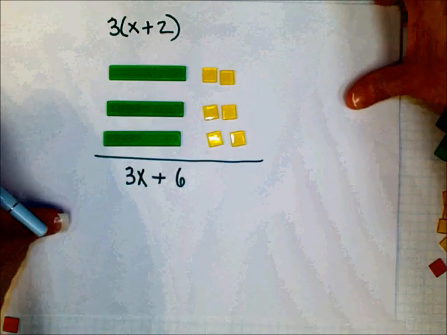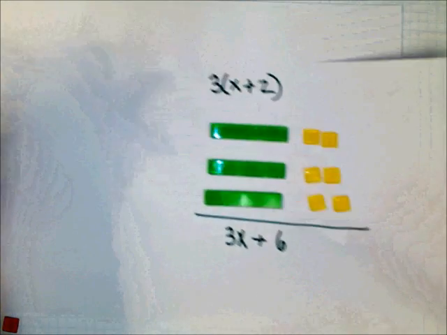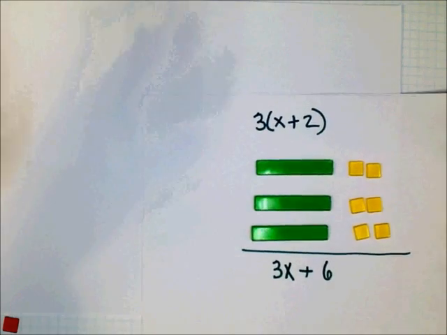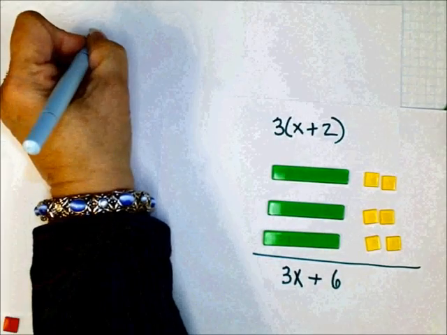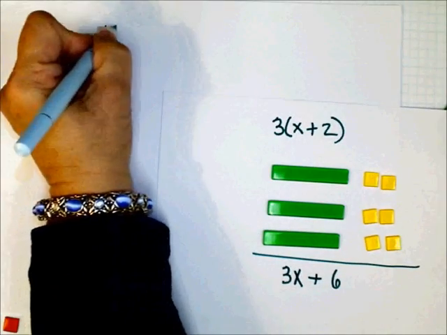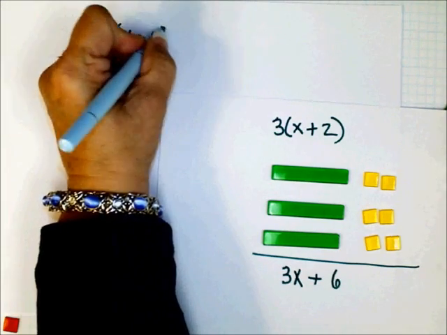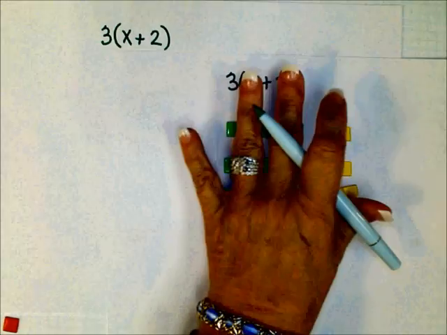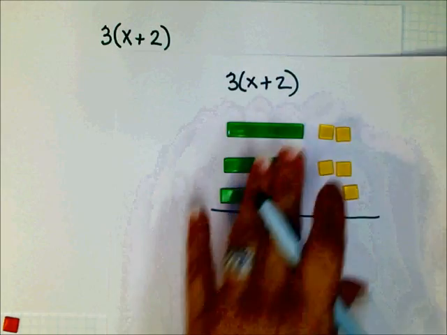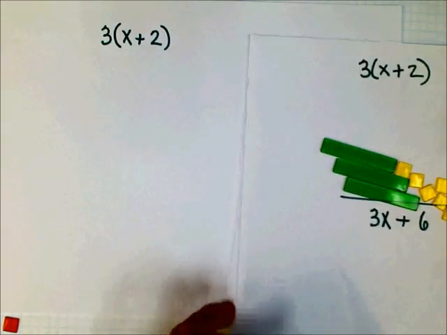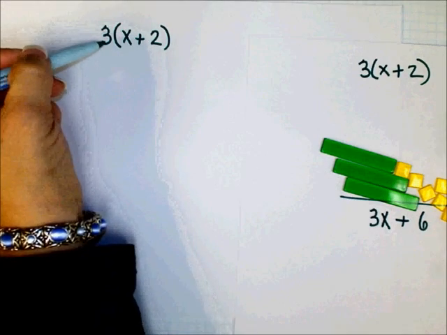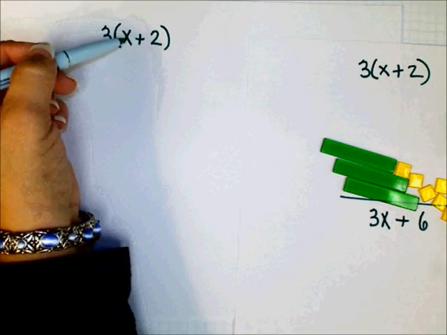Now, when I distribute something, what I do is I share it or give it to more than one thing. So if I want to go back and look at the abstract model rather than the concrete, which is what our manipulatives are, I could say, well, I need to distribute my 3 to both x and 2.